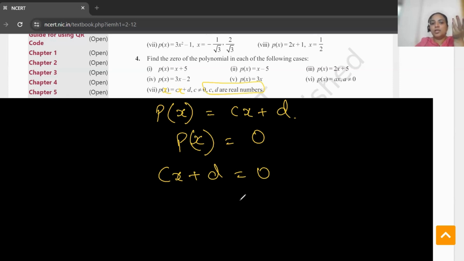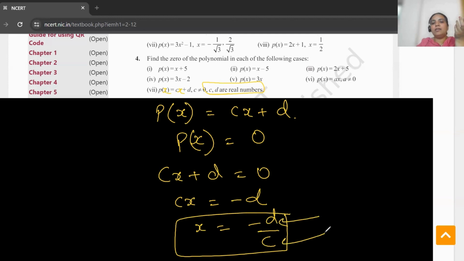So let's transpose them. Minus d, this got transposed, and x is equal to minus d by c. So that means any value can be put here. Understood or not? Out of c, x and d, only x is the variable, c and d are any real numbers, they have told you already. Easy, no?